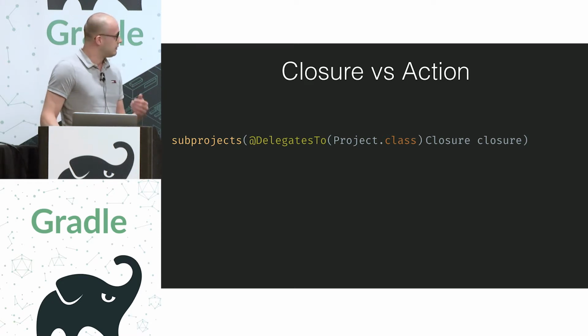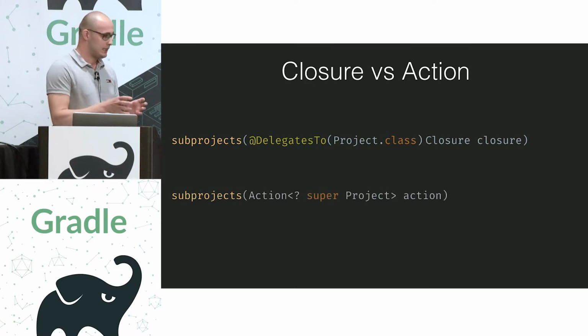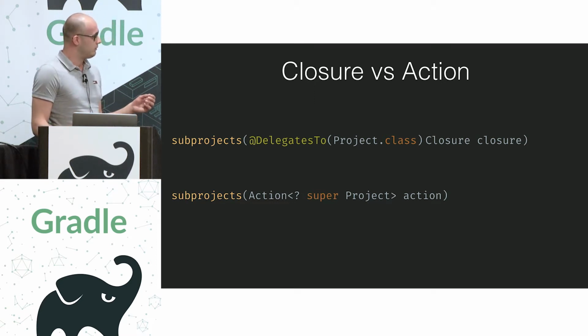But Gradle adds something to this. It adds the Action interface, and this is just a SAM interface. Gradle uses Action to have strongly typed information about against what object the closure will be executed.